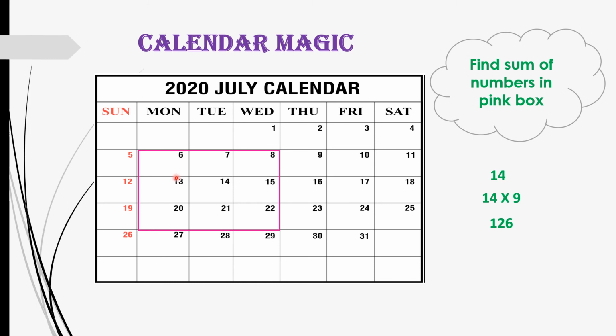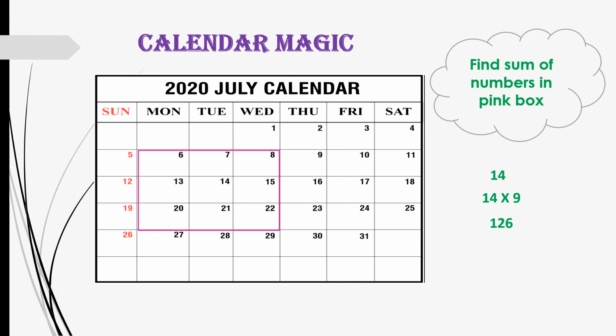If you want to verify your answer, you can add 6, 7, 8, 13, 14, 15, 20, 21 and 22 and you will get the same answer as I am getting right now by just multiplying 14 by 9. Okay, so this is magical because you don't need to add all these numbers. You can find the sum by just doing a small magic.